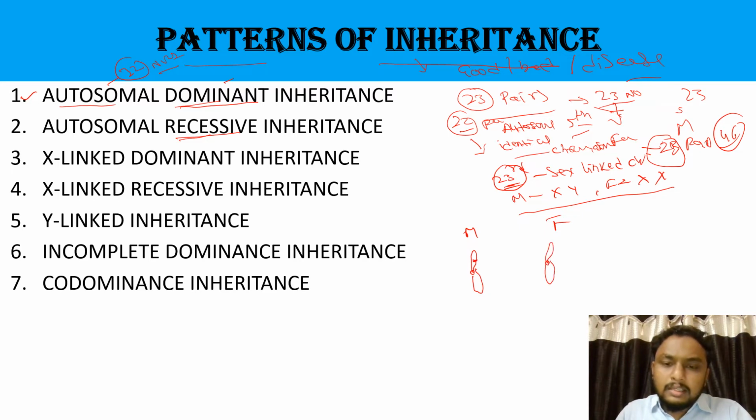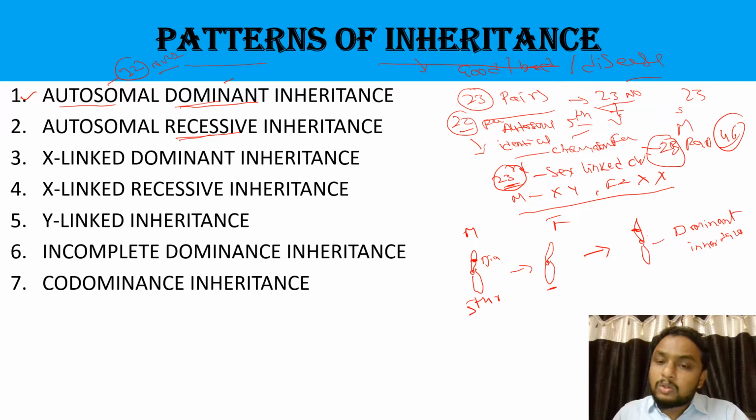Imagine this is the fifth chromosome. This mother has some type of disease, imagine diabetes. Then in the baby, suppose the offspring has diabetes. It means even though the father does not have it, the baby still has it. It means dominant inheritance.